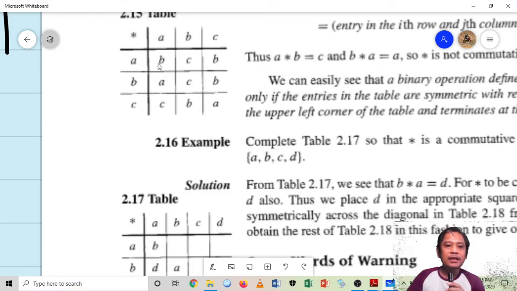B operation a is a, b operation b is c, b operation c is b, and so on. Okay, so we see that a operation b is c, but b operation a is a, meaning they are not the same. Hence, the operation defined in this table is not commutative.